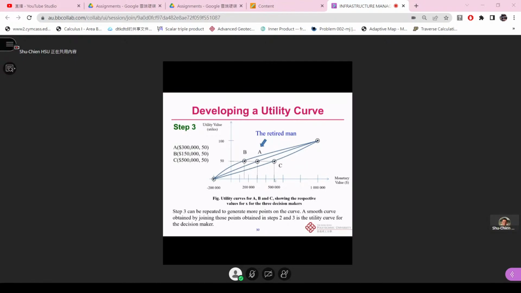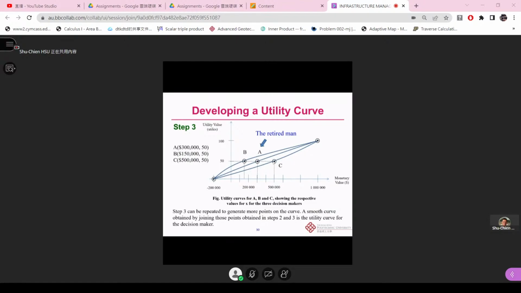This 500,000 will also equal the utility value of 50. This can be repeated to get more points on the curve, so that we can obtain a smooth curve by joining those points. Steps 2 and 3 together give the utility curve for the decision maker.